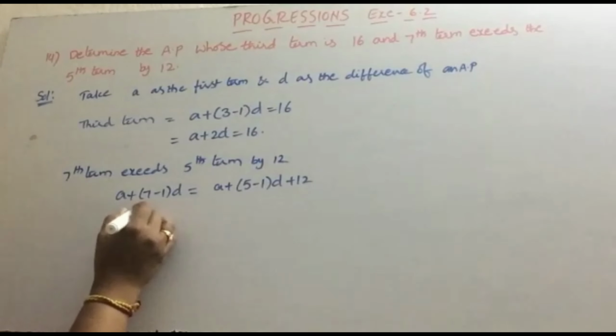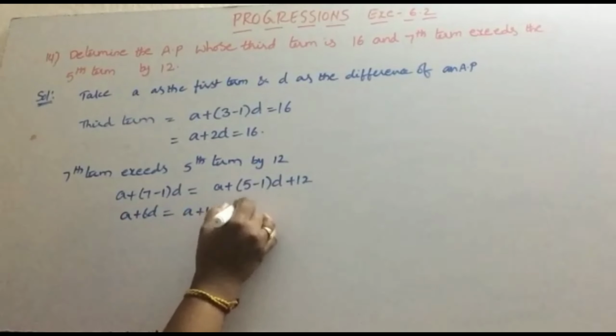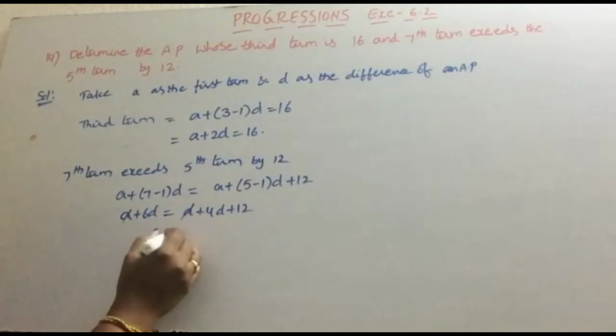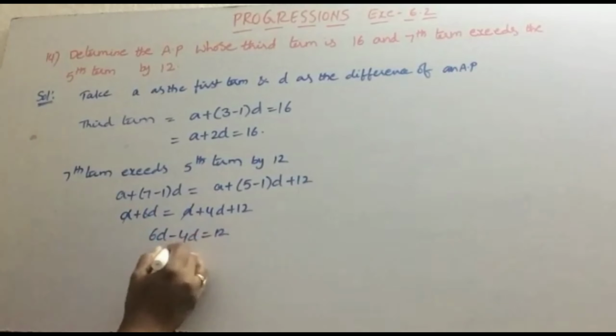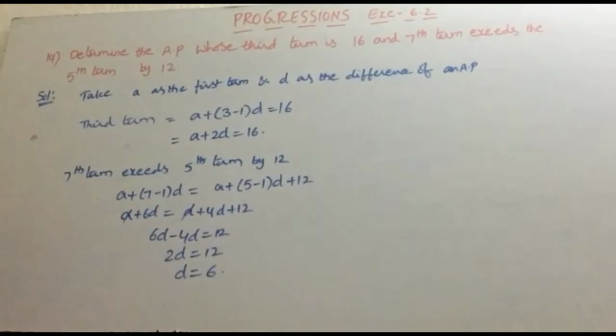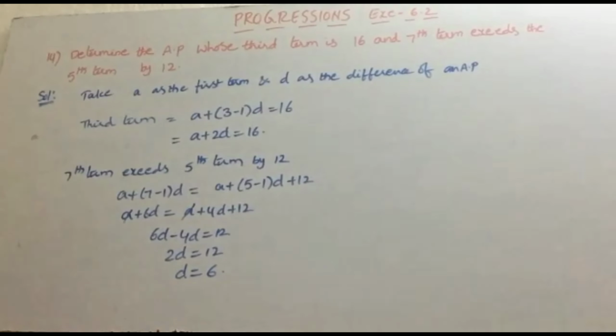So A plus 6D is equal to A plus 4D plus 12. So 6D minus 4D is equal to 12. 2D equals 12. So D is equal to 6.